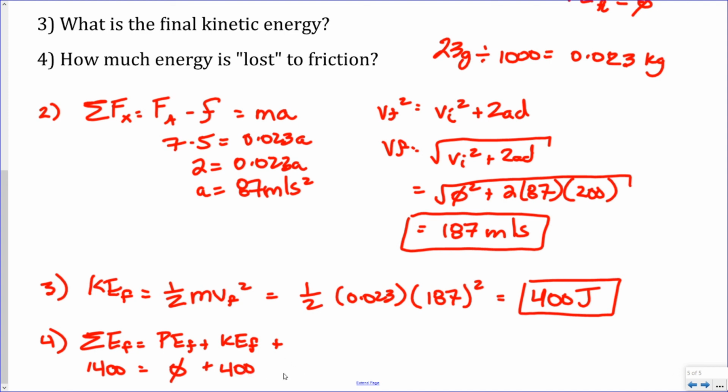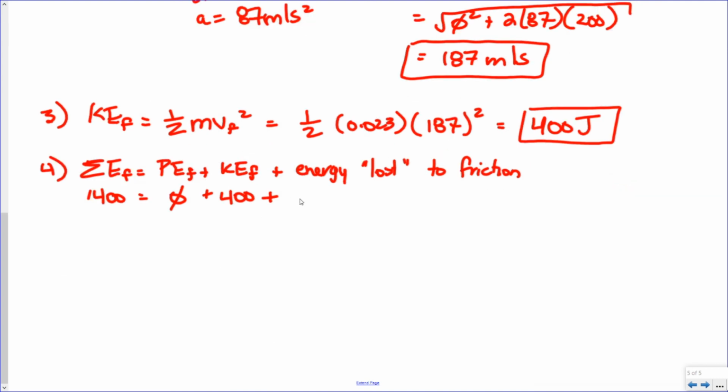So we have something else here. Well, what is that? That's the energy lost to friction, right? So let's just call this E_f for friction. Well, that's an italicized F. So E_f is going to be 1,400 minus 400 equals 1,000 joules.